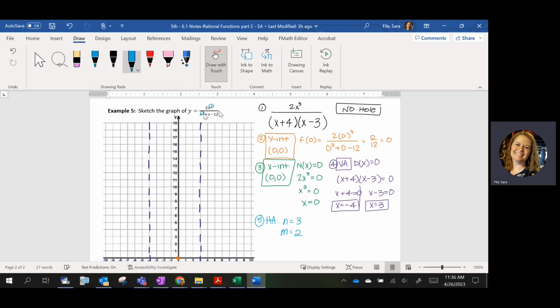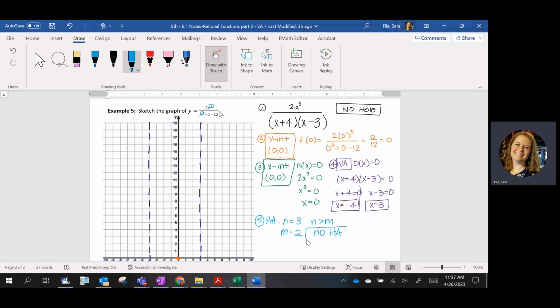Okay, remember it's the highest power when it's not factored. If you're given the equation in factored form, you would have to look at the first term of each factor and what would you get if you multiplied them all together? Okay, but this one is unfactored, that's 3 and 2. So again, n is greater than m, so still no horizontal asymptote.